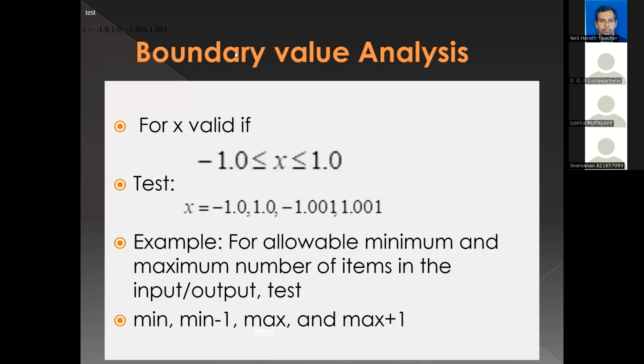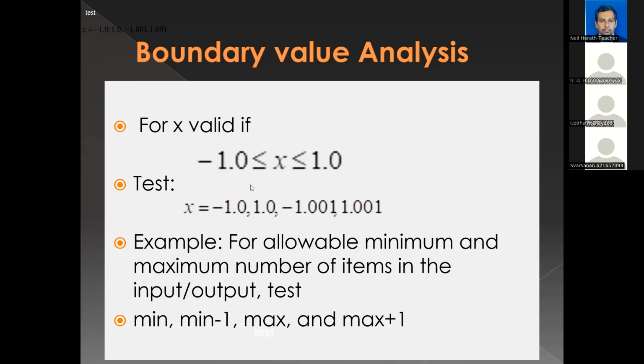There are two types of black box testing that we are going to discuss. One is called boundary value analysis. For example, it says X is valid if X is between minus 1.0 and plus 1.0.